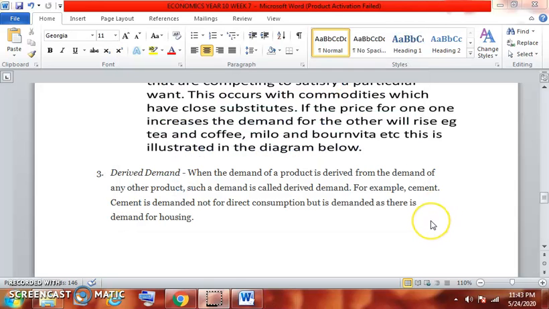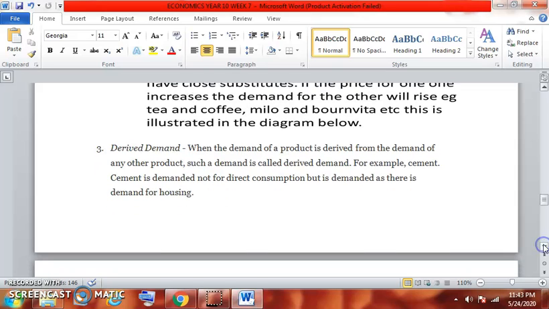The purpose of demanding for them is to render services or to work in their factory. Demand for labor is an example of a derived demand.